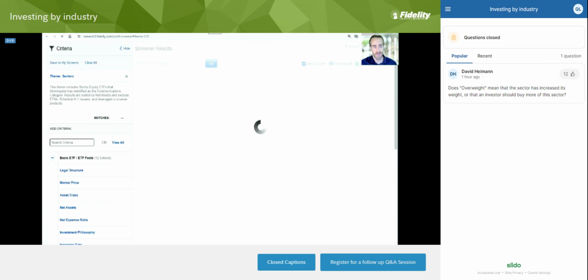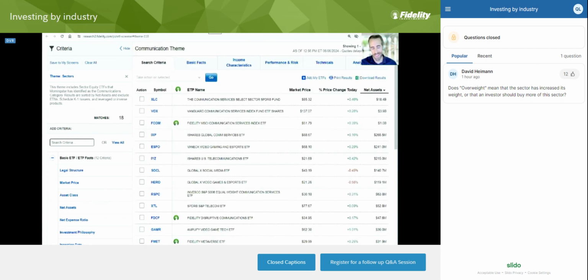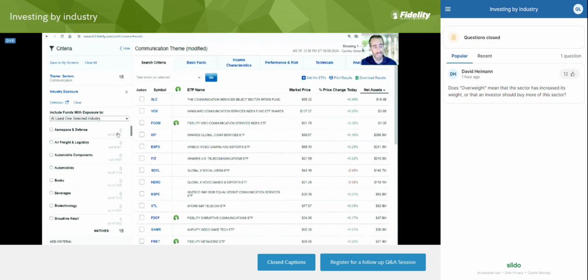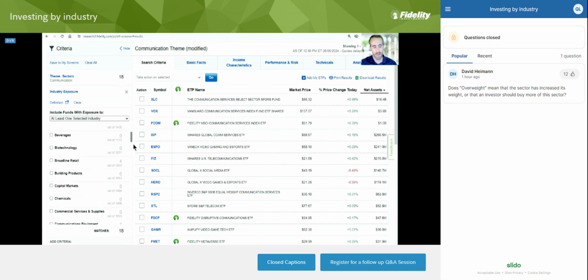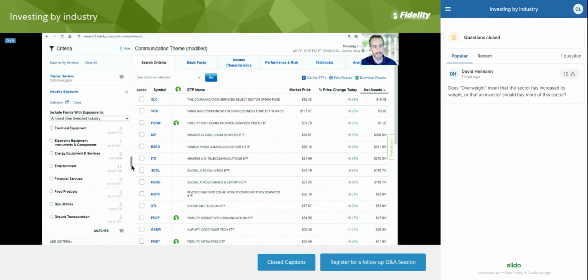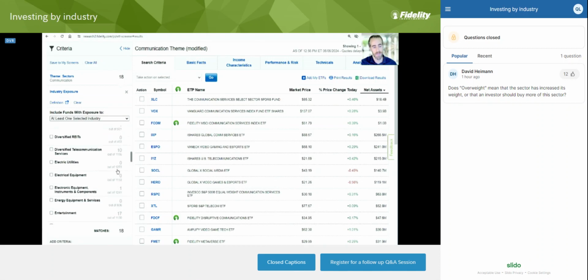And similar to the stock screener, it's going to start pre-filling in some of the ETFs under at least that theme, that sector. And then remember, if you're looking for the industries, you can do so further by narrowing down the exposures. In this case, I've already included communication sector. So it's really going to be looking more so the industries that fall under that communication sector. We can see a few of them here.